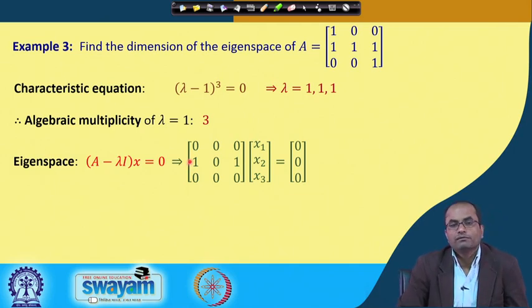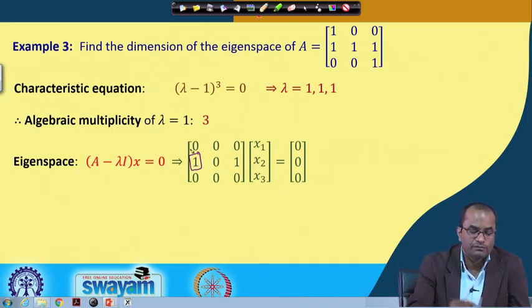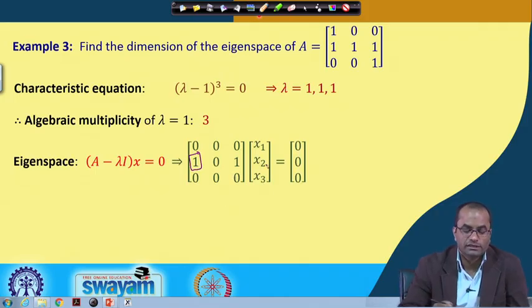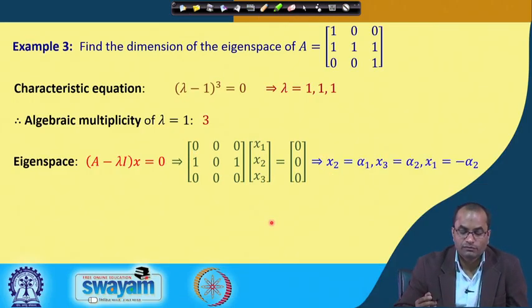So, the first column will have the pivot and the second and the third will be the free variables. So, this is going to be the pivot element and then nothing else. We have the free variable, we have the free variable. So, there are 2 free variables, meaning 2 linearly independent eigenvectors.